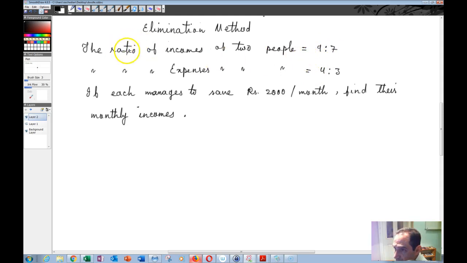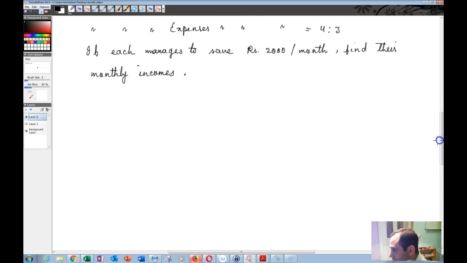When we say that the ratio of incomes of two people is 9:7, what that means is, for example, let's say you have two numbers, 2 and 4. The ratio of these two numbers is 2:4, which is the same thing as 1:2.